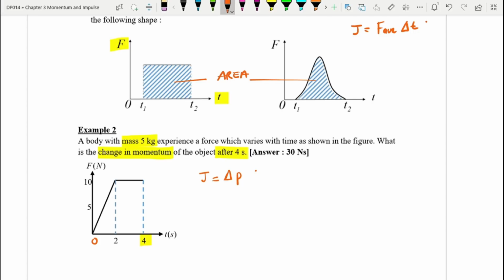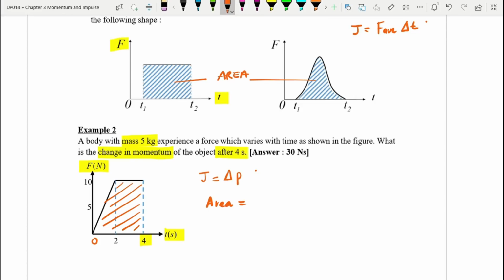And given a force against time graph, we can simply assume the area under the graph is the impulse. So just calculate the area under the graph. We can use a trapezium directly, or calculate separately: the first is a triangle, the second is a rectangle, then total up the area.